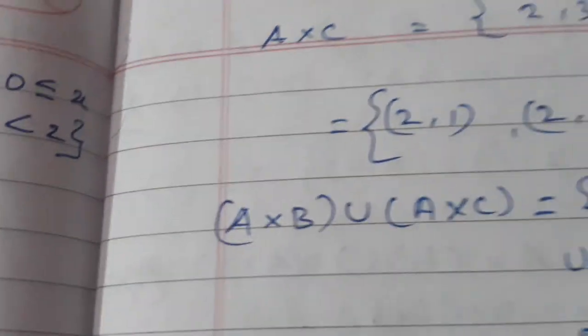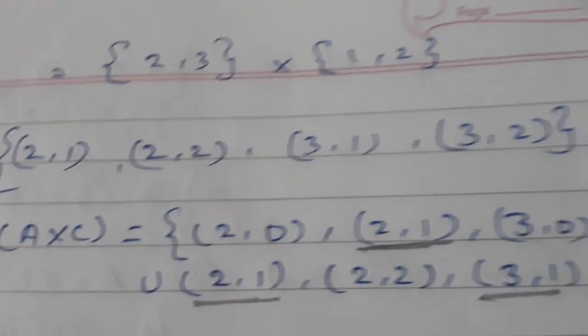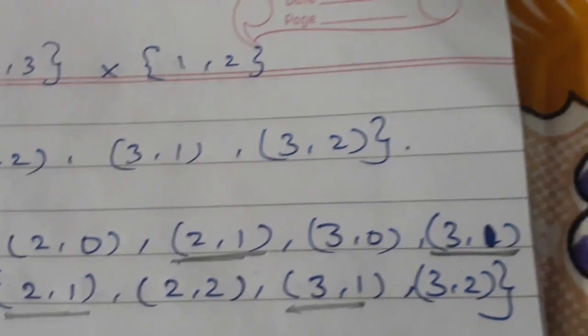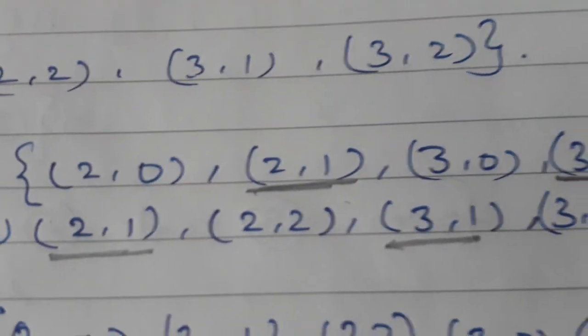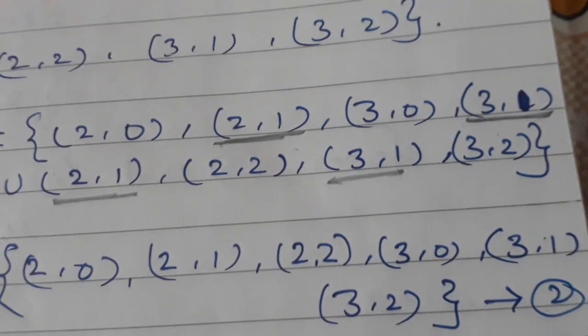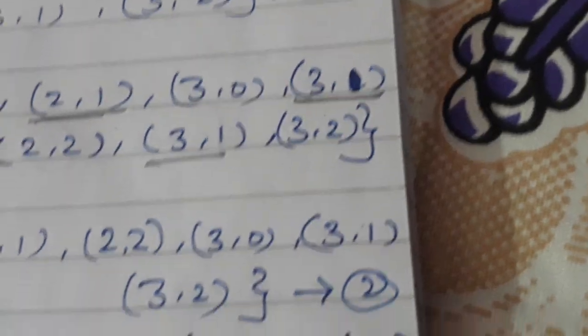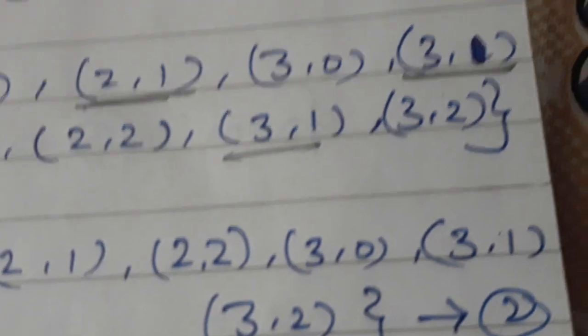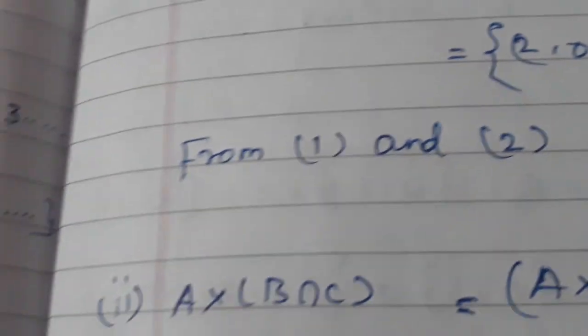When we join them, we get the union, and our final answer is (2,0), (2,1), (2,2), (3,0), (3,1), (3,2). This is our second equation.